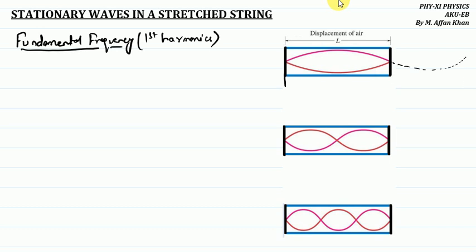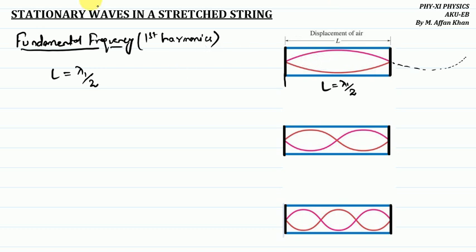So we can write that this length is equal to lambda upon 2. Since it is the first harmonic, let us put a subscript 1 with lambda. So L is equal to lambda 1 upon 2, and we need to find the frequency at which it will initiate the first harmonic.